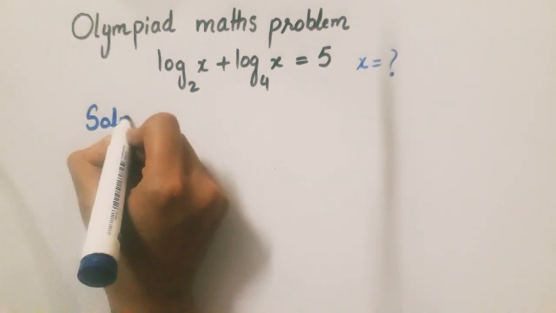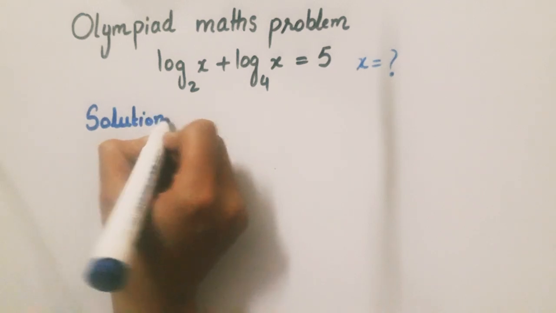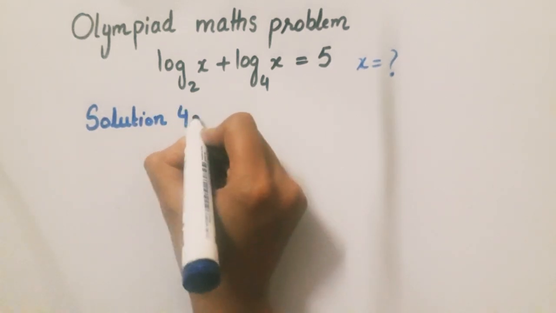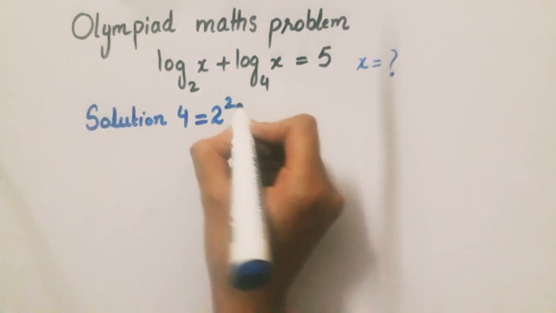First of all, we know that 4 is equal to 2 square.